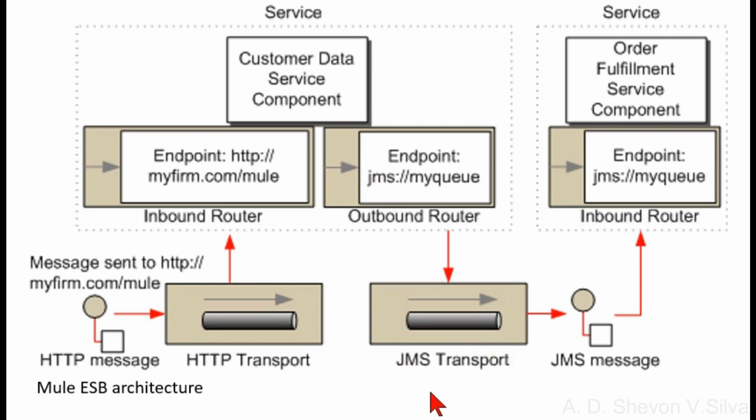Mule uses a compact XML format for describing the configuration, and these are the inbound and outbound routers. Mule uses an XML-based format for describing the configuration and supports Spring for lightweight specification of the desired integration.